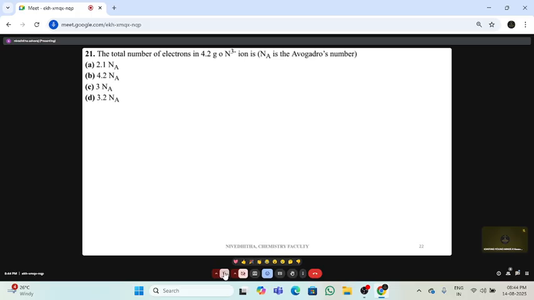So we have to be very careful with the charge given. So here the ion is N3 minus. They're asking us to calculate the number of electrons present in 4.2 gram of N3 minus ion.